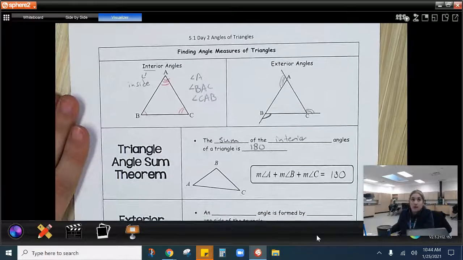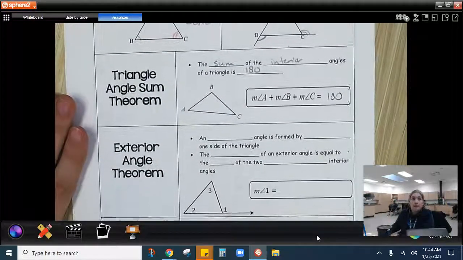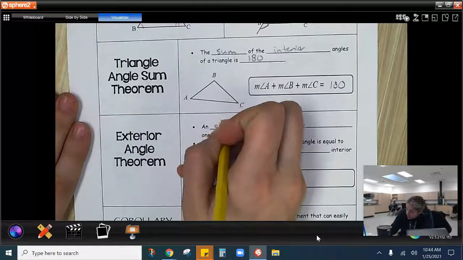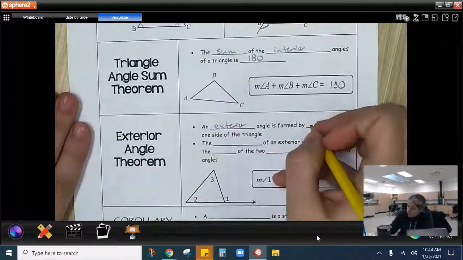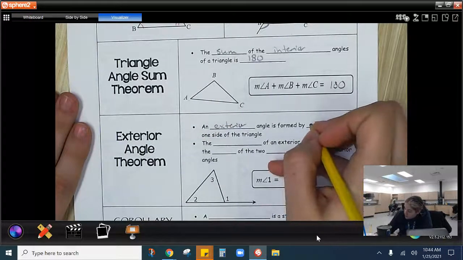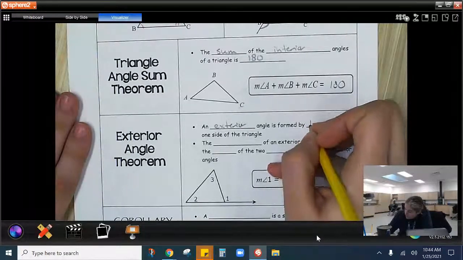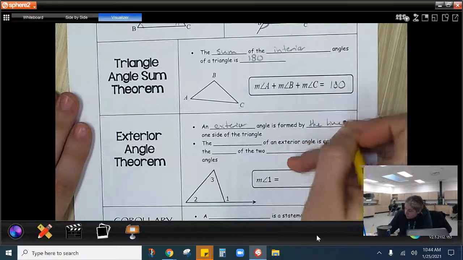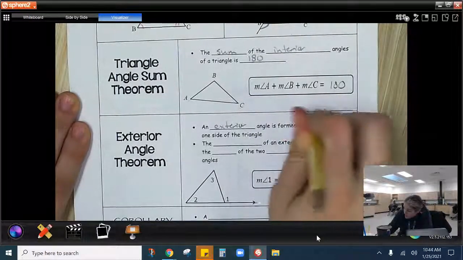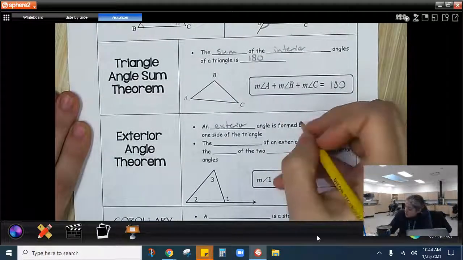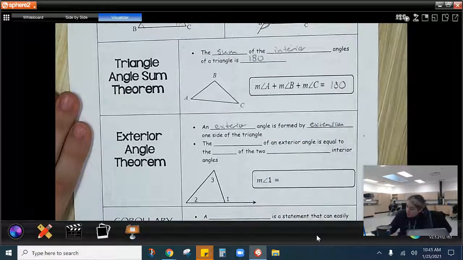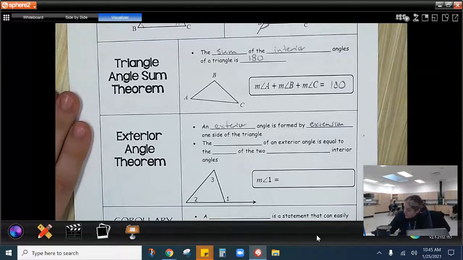For our next one here, I'm going to slide this guy up. Exterior angle, all right? An exterior angle is formed by the line of one side of the triangle, the extension of one side of the triangle.